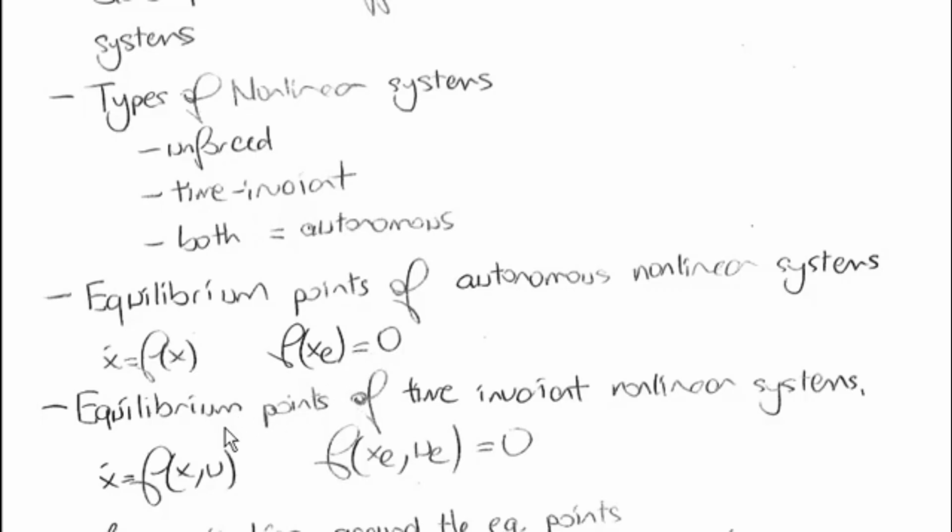For time invariant nonlinear systems, equilibrium points are defined with the equilibrium inputs. We consider constant equilibrium inputs, and xe values which make the right hand side equal to 0 are called equilibrium points for that equilibrium input. Therefore, the equilibrium points of time invariant nonlinear systems depend on the equilibrium input that you select.